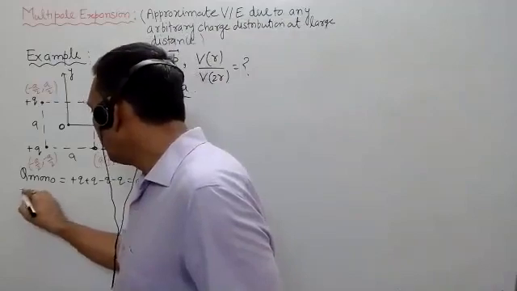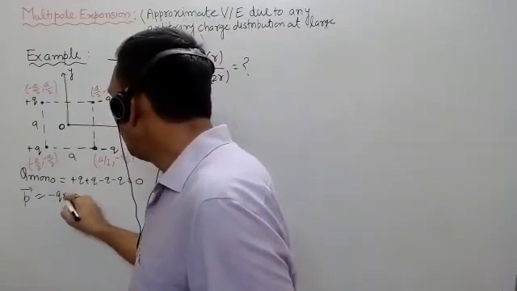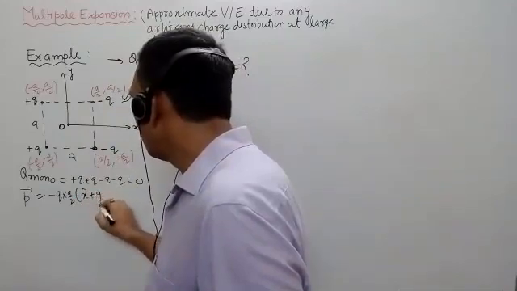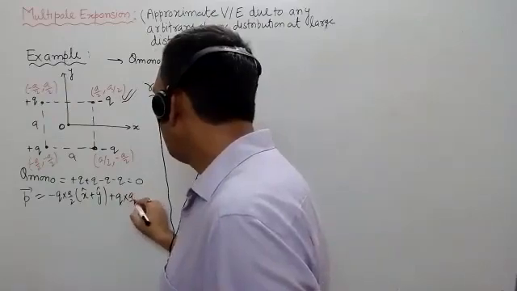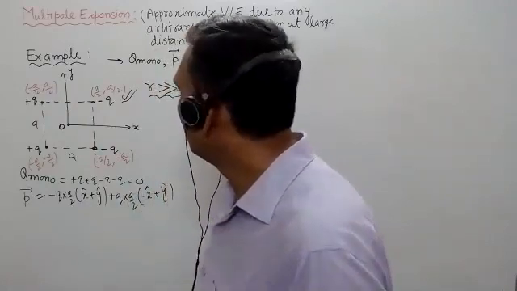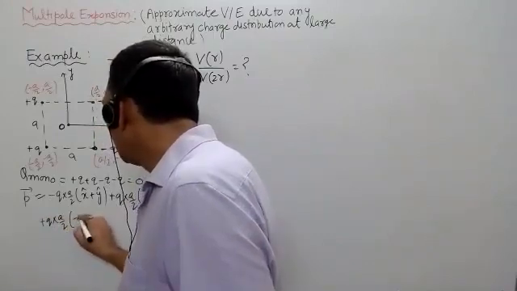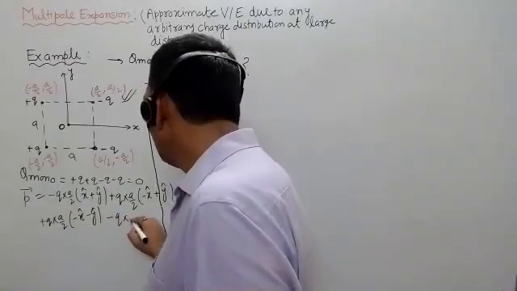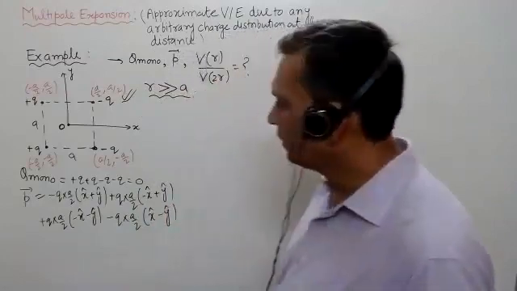So the dipole moment is given by, start with this charge. You have minus q, take a by 2 common, so this will give you x cap plus y cap. Then plus q charge, take a by 2 common, so this is minus x cap plus y cap. Then the third charge, plus q, take a by 2 common, you have minus x cap minus y cap. And then minus q, a by 2, x cap minus y cap.